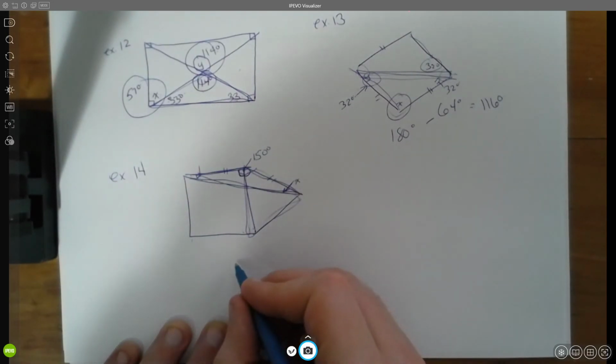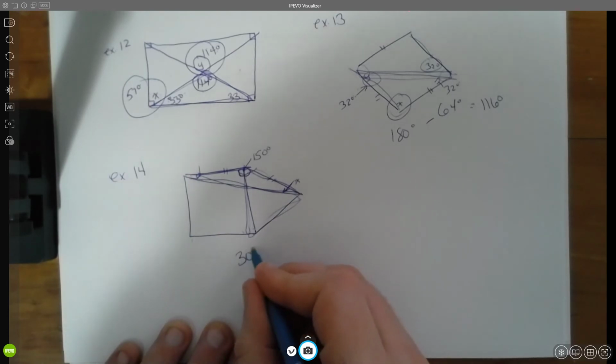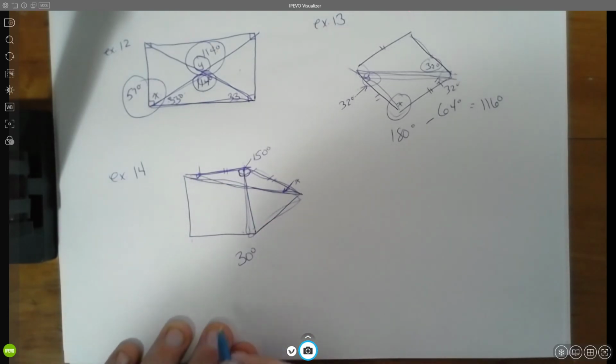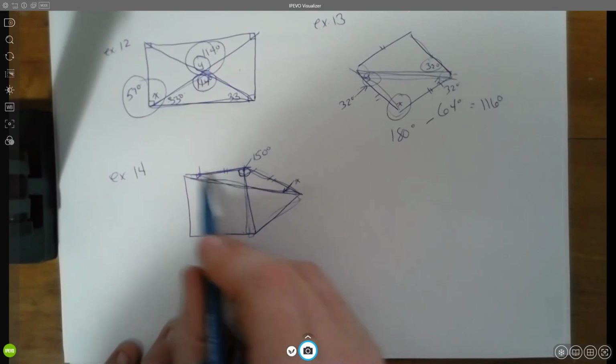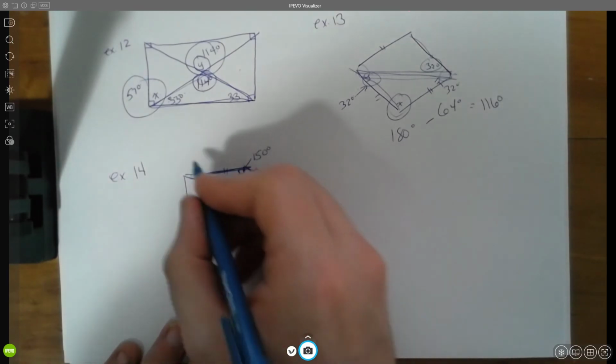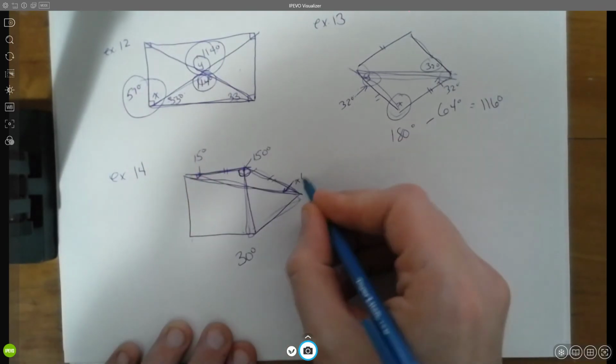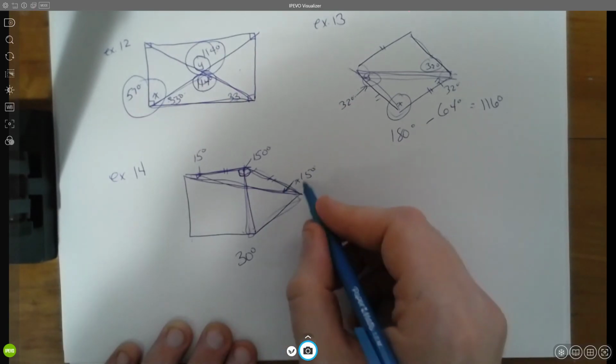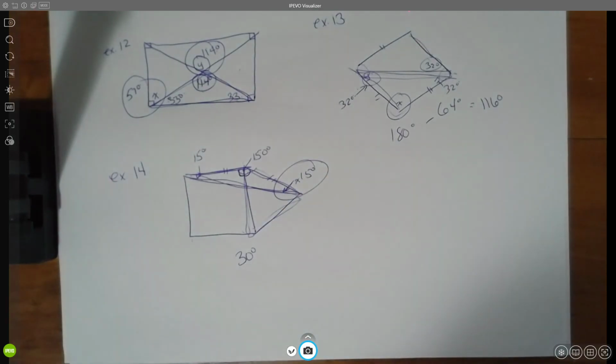I have 150 already, which means there's only 30 degrees left in my triangle. I have to split it evenly between these two points, which means that each get 15 degrees, which means that now I have solved for what my missing x value is going to be. That's one way that you could do it, and in this example it is the way that I have chosen to solve this particular question.